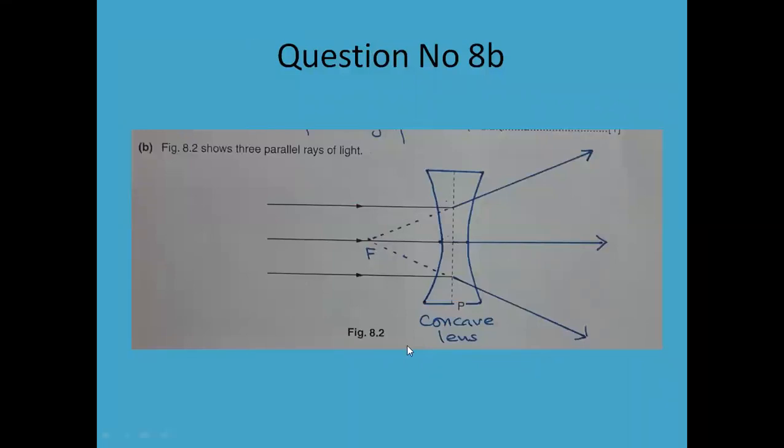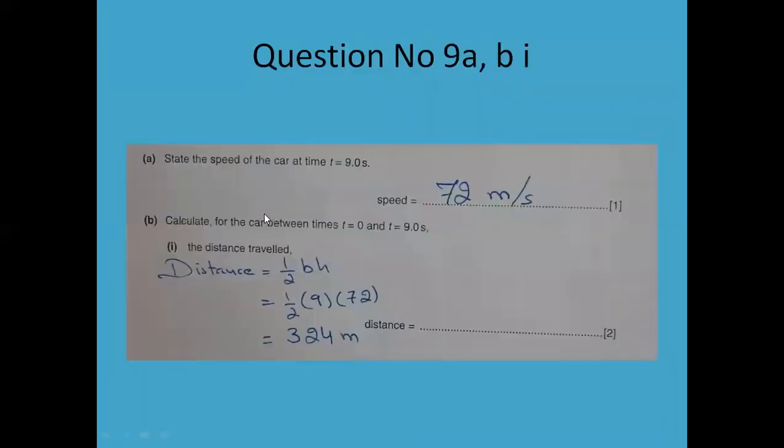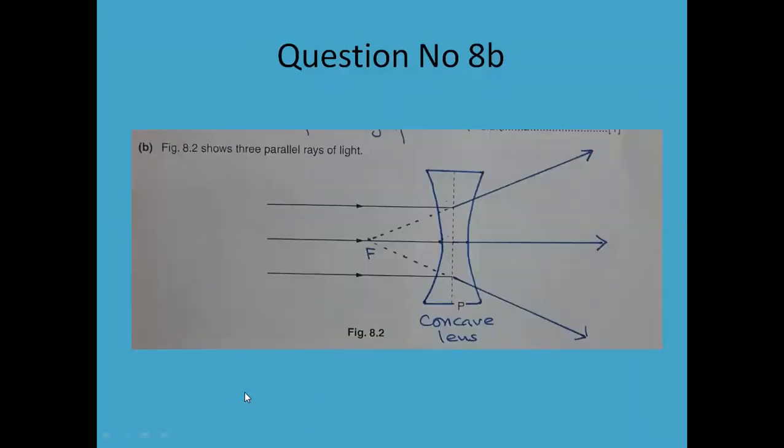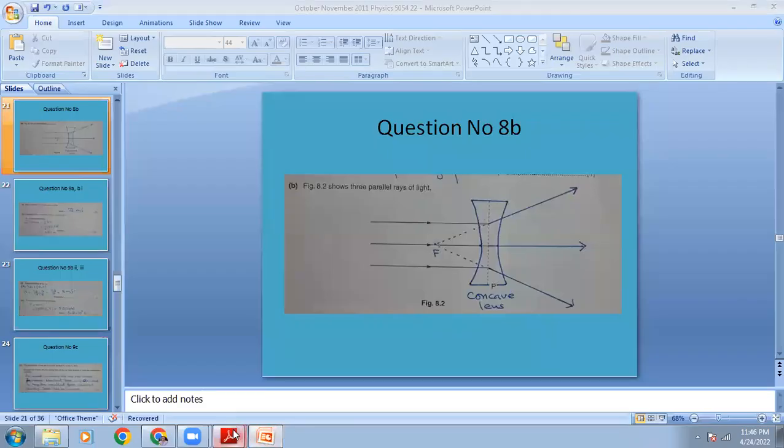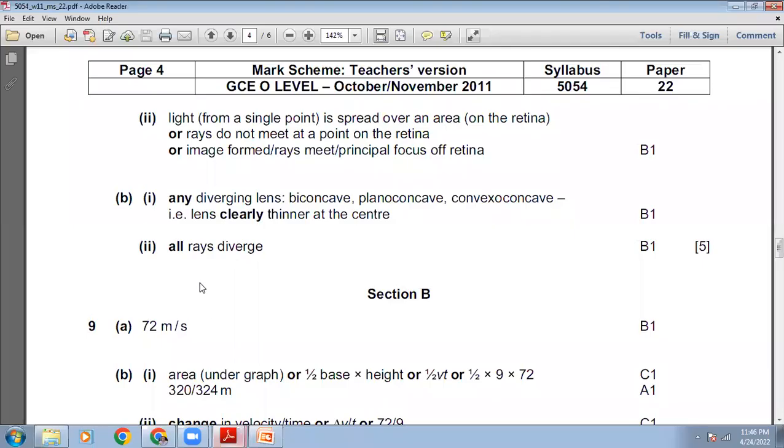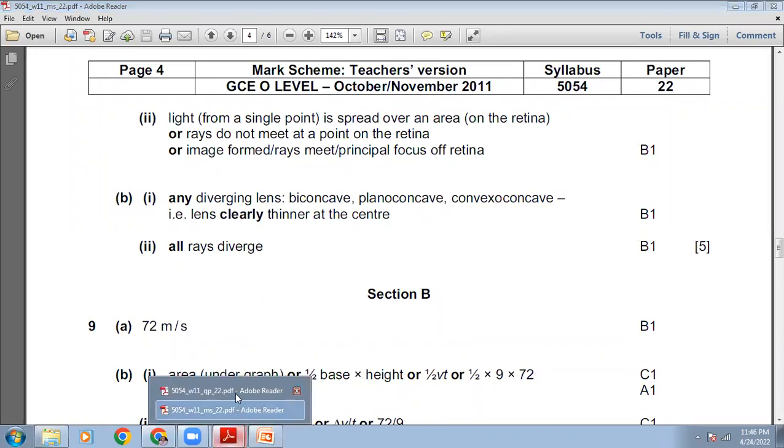This is because this is a diverging lens. So my dear students, we are done with this. Always diverge. Okay.